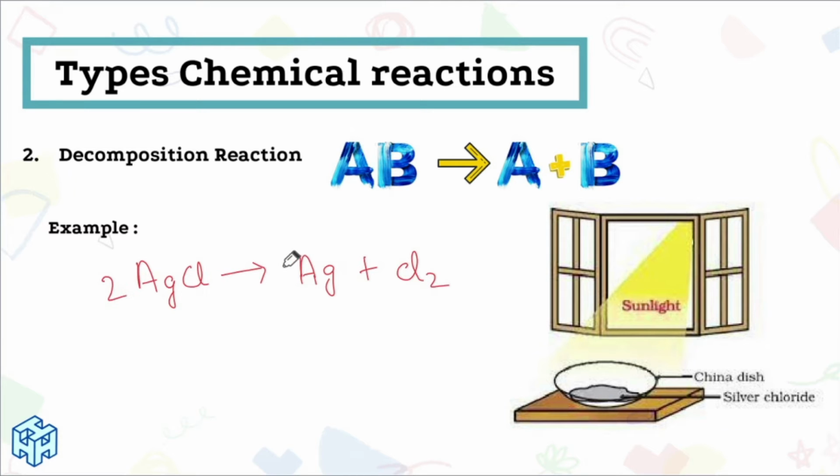Let us balance it. Okay, Ag plus Cl2, silver chloride is giving silver and chlorine, due to which we can observe that due to the lack of chloride, chlorine gas has been liberated.